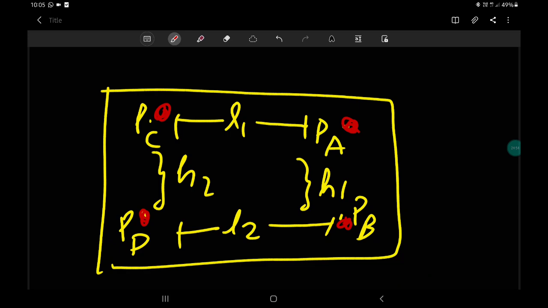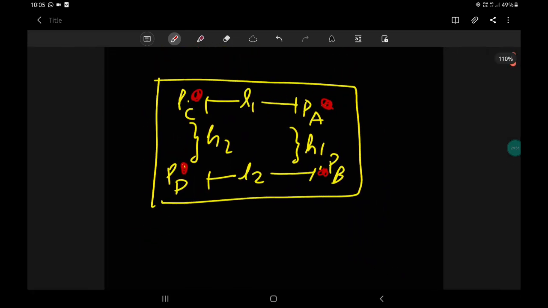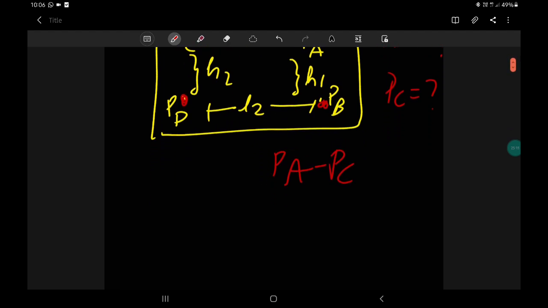Easy peasy. Now I want you to let me know what is the pressure at A, what is the pressure value at C, PC. I will give you a hint again. What is the value of PA minus PC? What is the pressure difference?